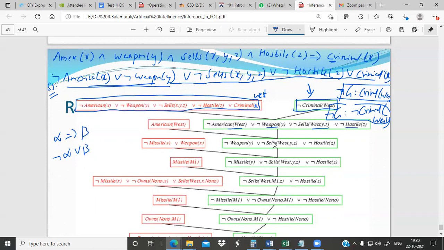Now in the knowledge base, we have a statement which says that West is an American.